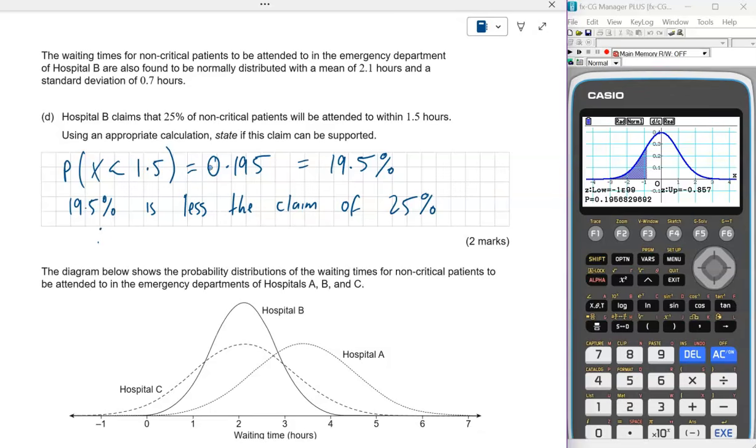Okay, so therefore the claim cannot be supported. Because only 19.5% of patients are seen under an hour and a half, or under 1.5 hours, and the hospital is claiming that it's actually 25% of the patients that are seen under that 1.5 hours. So based on the data we have, that claim is not correct.